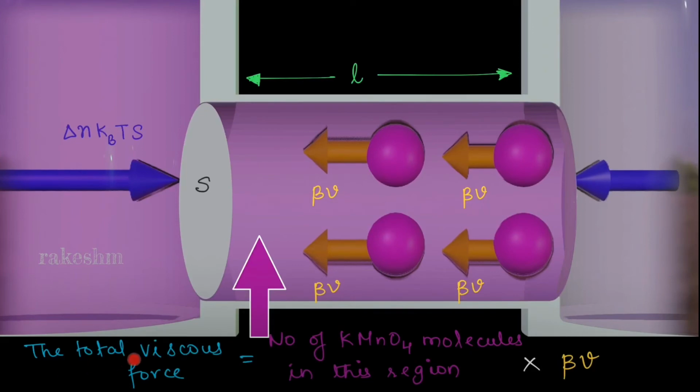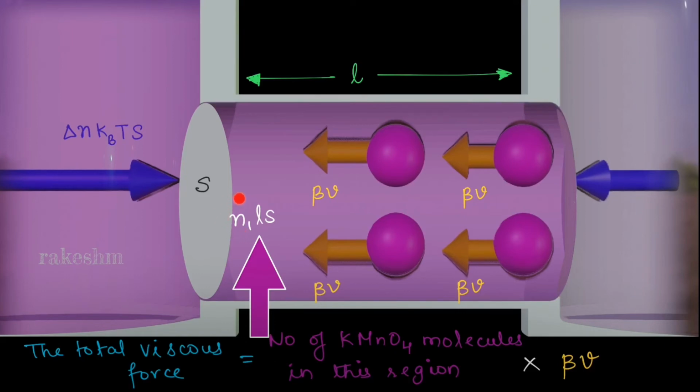So the total viscous force acting on all the KMnO4 molecules here equals the number of KMnO4 molecules in this region into beta into V. The number of KMnO4 molecules in this region is concentration times the volume.